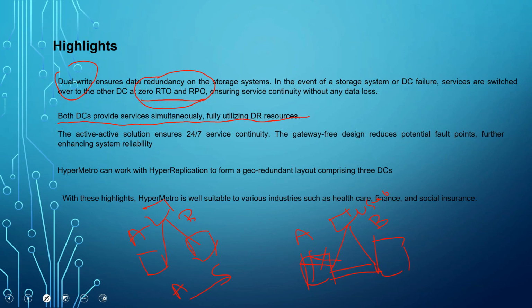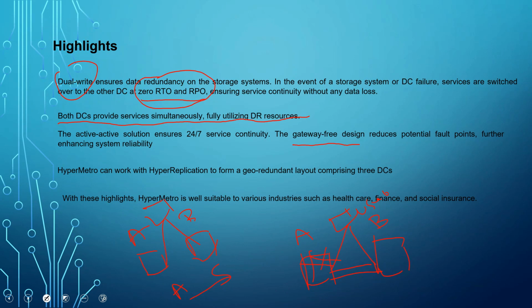And then we are providing an active-active solution for 24/7 service continuity. And there's a big difference between other vendors and Huawei. Huawei is providing a gateway-free design. Huawei is not installing any gateway or any third-party device between the storages to configure the active solution. As we know, other vendors are proposing a gateway in between the storages.